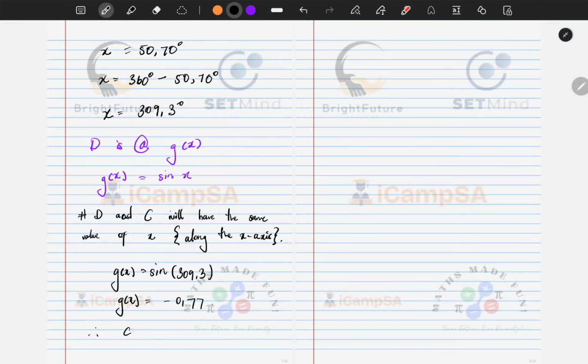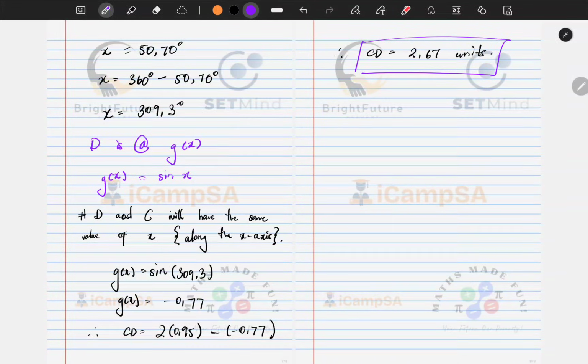So therefore, CD is going to be 2 times 0.95 minus negative 0.77, right? And therefore, if you punch your calculator, this is going to give you 2.67 units, right? Simple, right? Great.